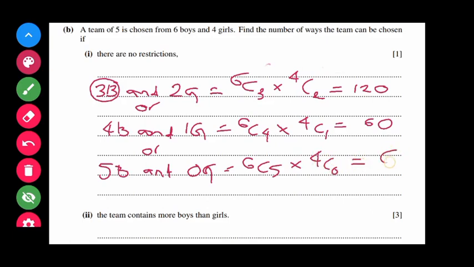So we get the answer as 6 here. So if you take the total of this one, we get 120 plus 60 plus 6 as 186. So there are 186 ways to select the team with this given condition, that number of boys is more than the number of girls.